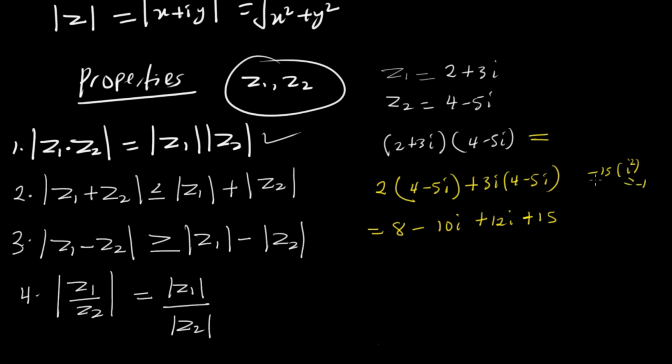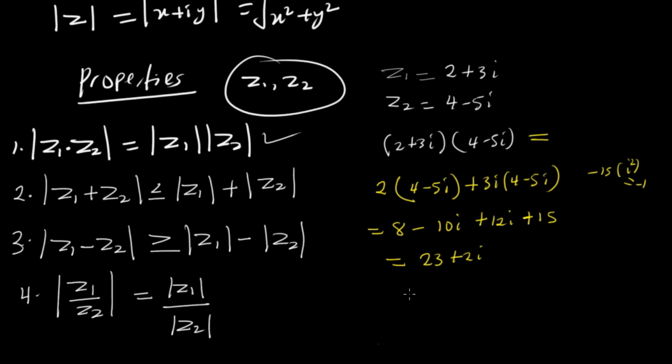So minus 1 times 15, we have plus 15. And here we have 8 plus 15. If I use my calculator, 8 plus 15, I have 23. And we have minus 10 plus 12, and this is plus 2i. So we have the multiplication of z1 and z2 to be 23 plus 2i.